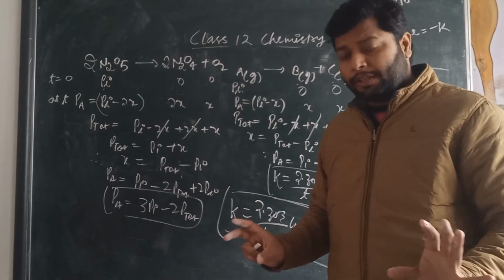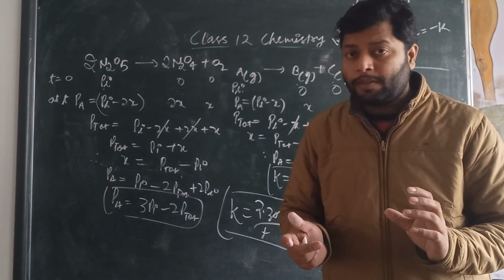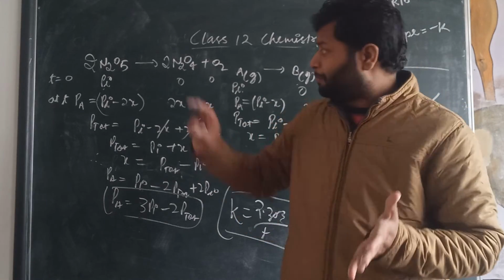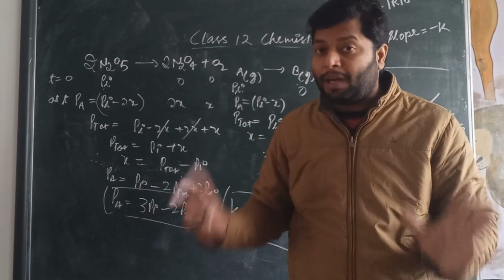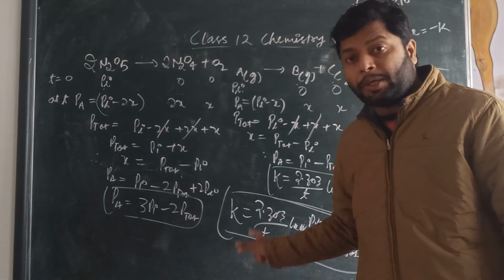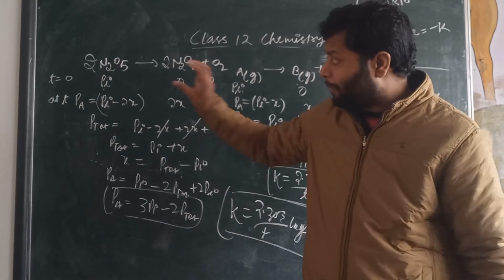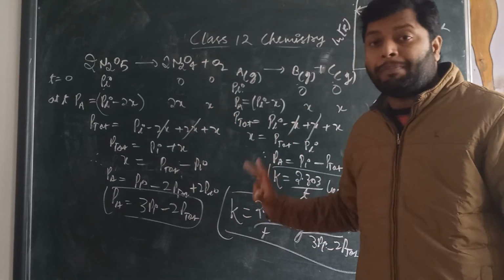In conclusion, I think you are getting my point. When we solve a gaseous reaction, there should be a different formula for the integrated rate constant, and we have to first find the formula for the gaseous species, then only can we calculate the value.